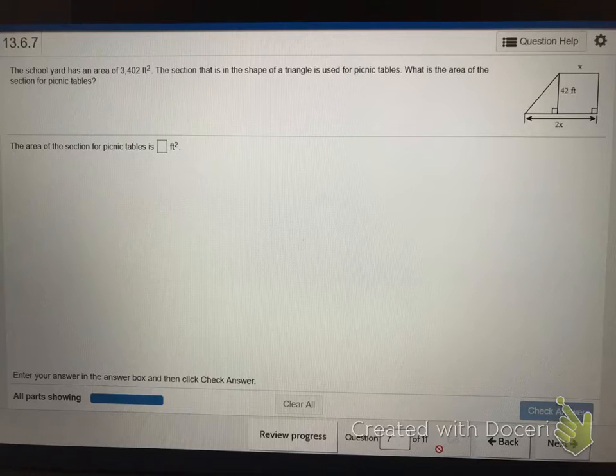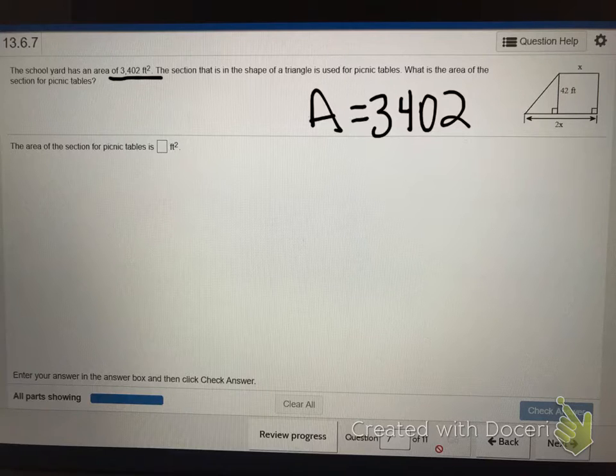So the question says, the schoolyard has an area of 3,402 feet squared. The section that is the shape of a triangle, so this guy right here, is used for picnic tables. What's the area of the section used for picnic tables?